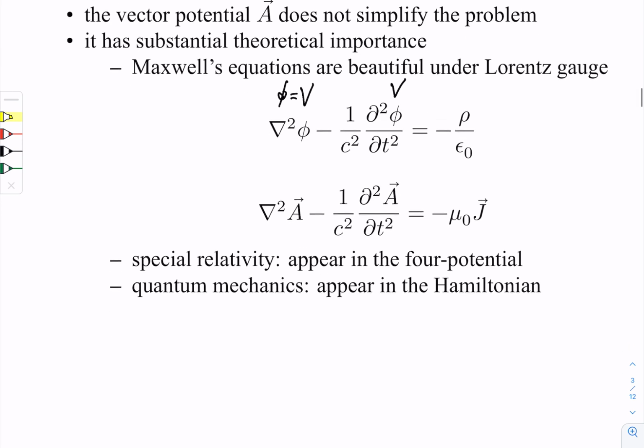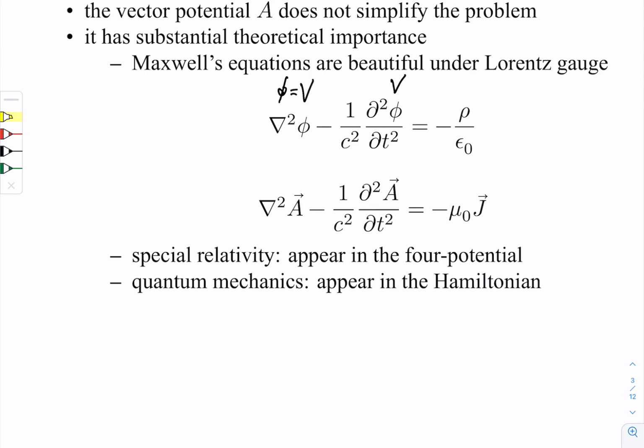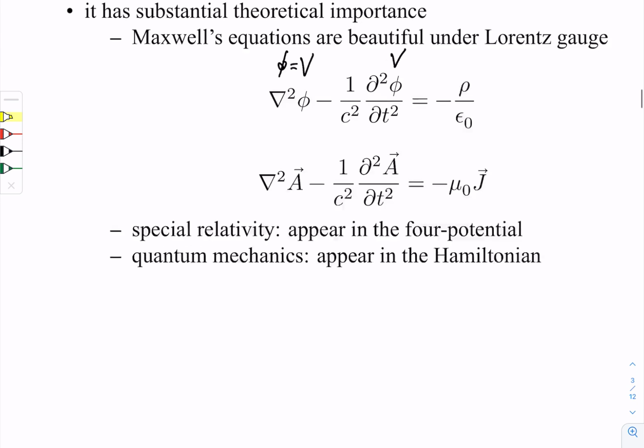I guess that will be talked about in the second chapter of Griffiths. And this vector potential will also appear in quantum mechanics. So if you write down this Hamiltonian, the vector potential is related to the linear momentum, and you can actually see it later. I'll give an example.